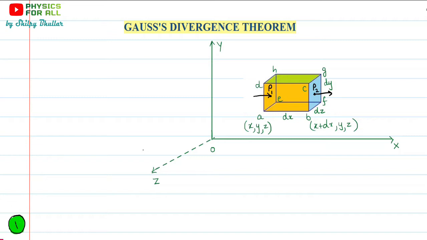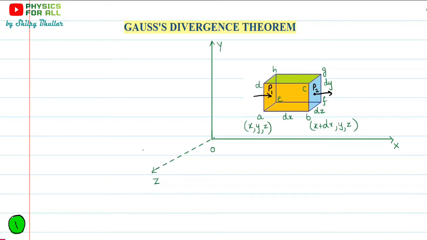Divergence involves a surface, and if something is diverging, spreading out in three-dimensional space, then whatever surface we include would be enclosing some volume. Whenever we talk of surface, usually that surface does enclose some volume, and that's why with divergence we have to consider the surface integral and volume integral.